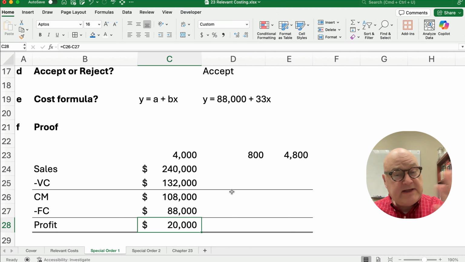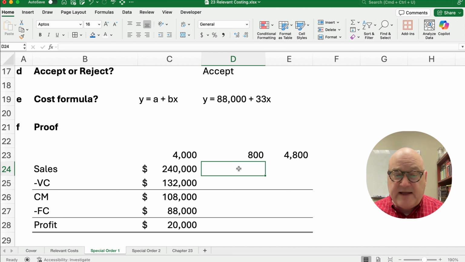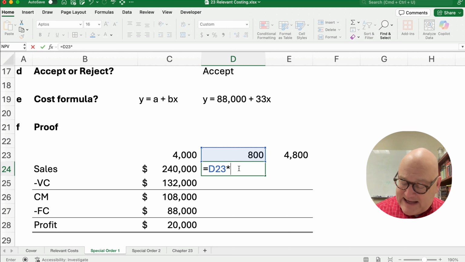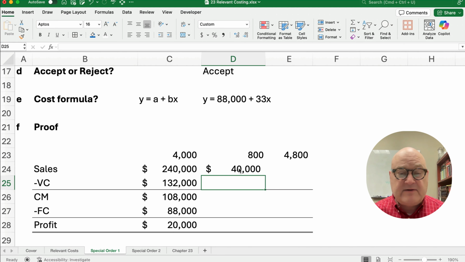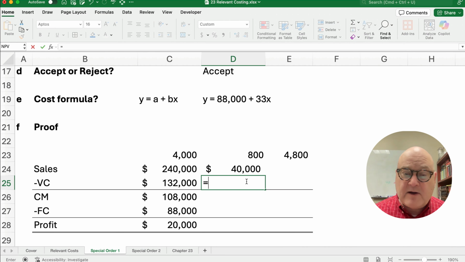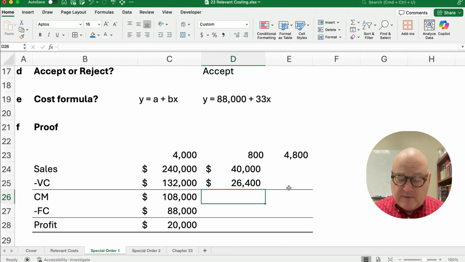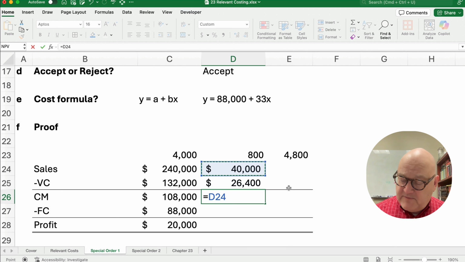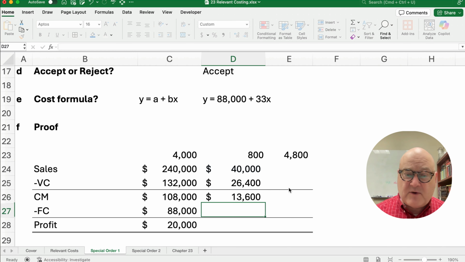Now, we'd only accept these extra 800 if we made more profit, if it was profitable to us. So 800 times 50 is going to be our sales. Our variable cost is going to be 800 times 33, which is our variable cost here, total variable cost, 40 minus 26,400.